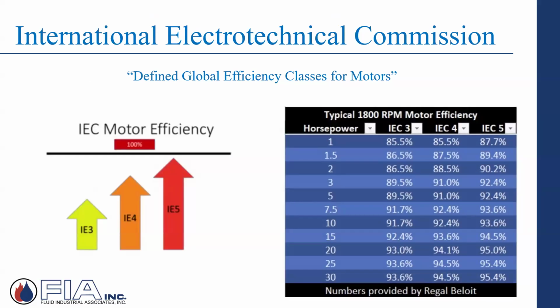They're also pushing the motor efficiency classifications and ratings. I think it was a few years back now, but the International Electrotechnical Commission, IEC, came up with these standards. So you have an IE3, IE4, and currently this is the super duper IE5. That's the highest rated efficiency motor at the moment.